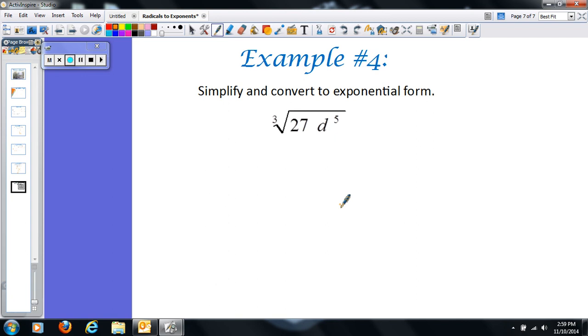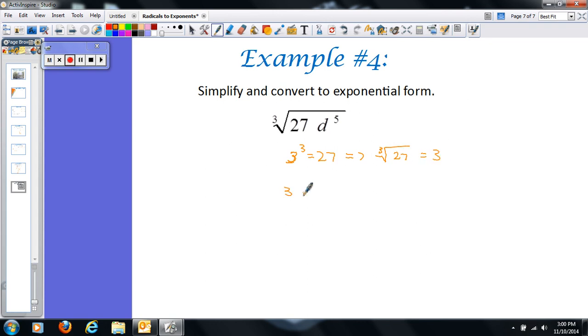So for example here, I know that the third root of 27 is going to be 3. Okay? And I know that because 3 to the 3rd power equals 27. Therefore, the third root of 27 is 3.